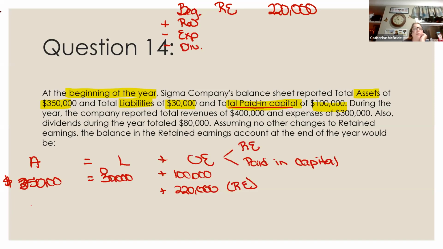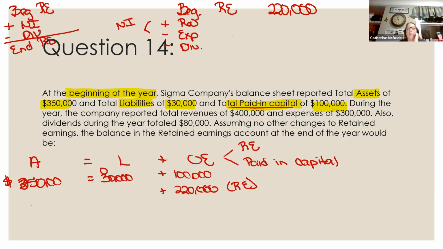And I know that because my formula is beginning retained earnings plus net income minus dividends equals my ending retained earnings. So revenue and expenses are the same as net income. That piece makes sense? Yes.